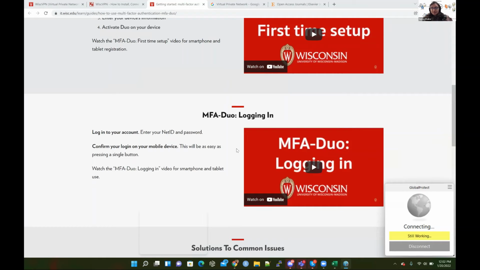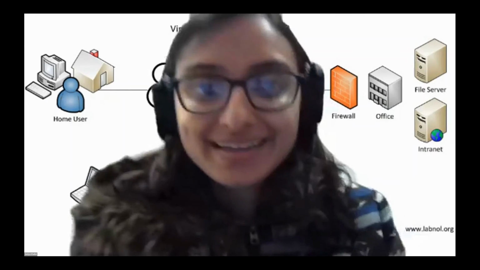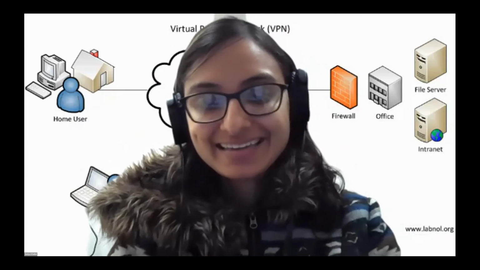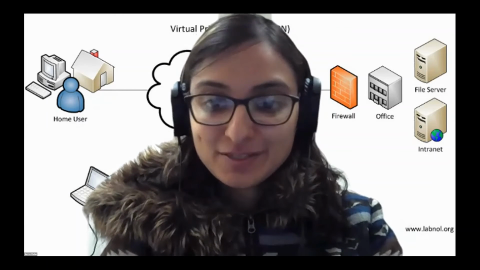Once I've clicked approve, it's telling me that there's an updated version, so I can install an updated version of GlobalProtect. I've logged into the server, and in general I can access UWNet and the resources as well.